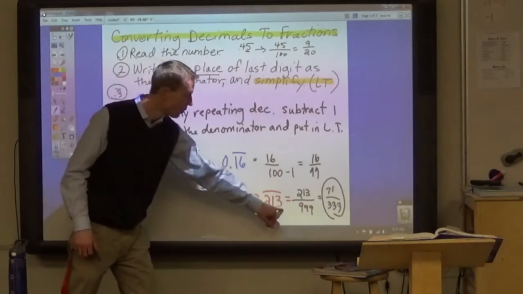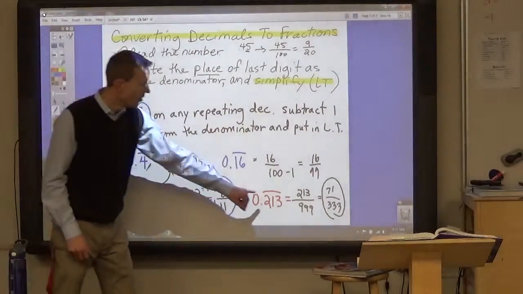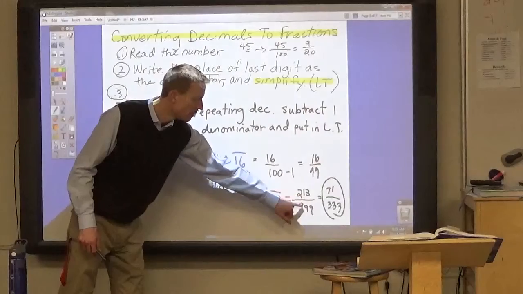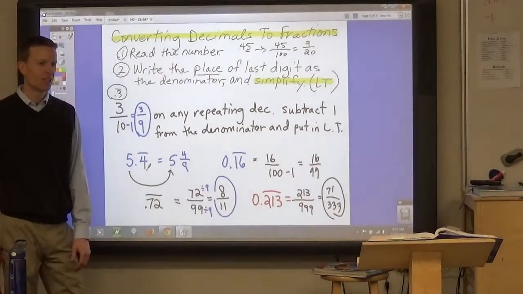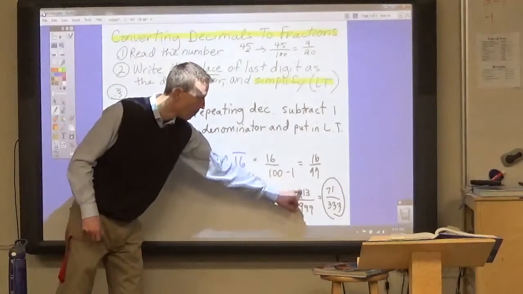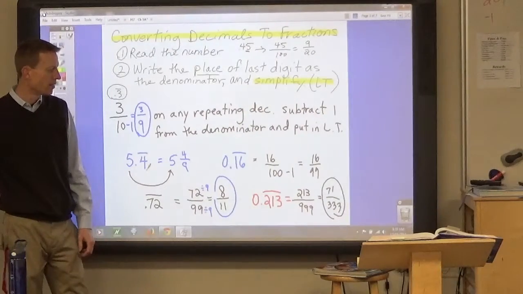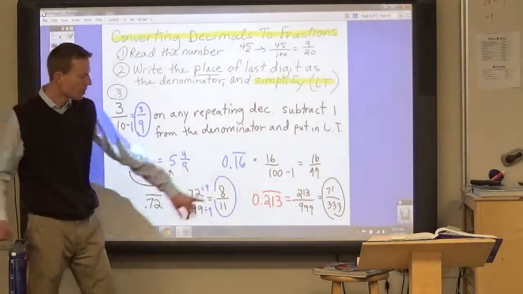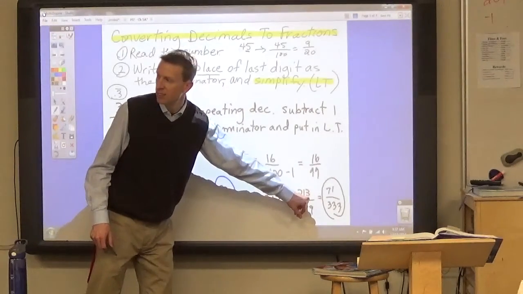Or if 3 digits repeat, then you would do 213 thousandths take away 1. And does that have any common factors? 3. I know. 3 goes into both, because 2 plus 1 plus 3 is 6.